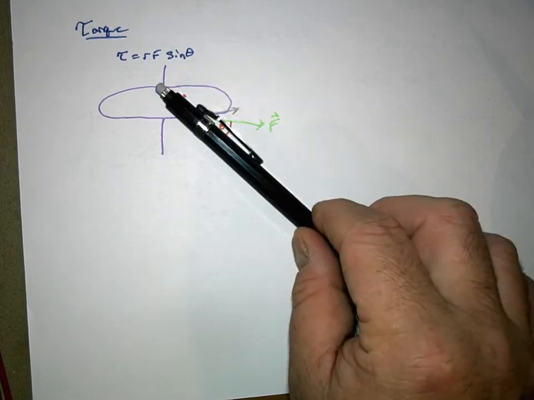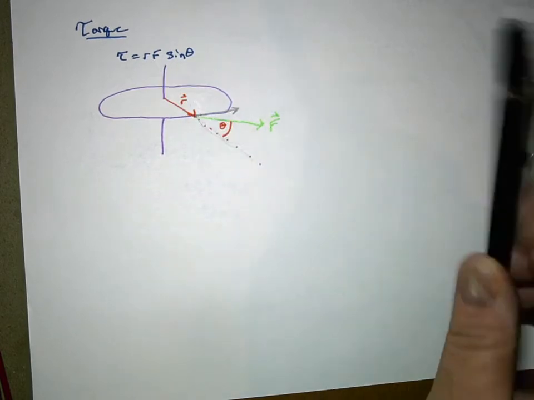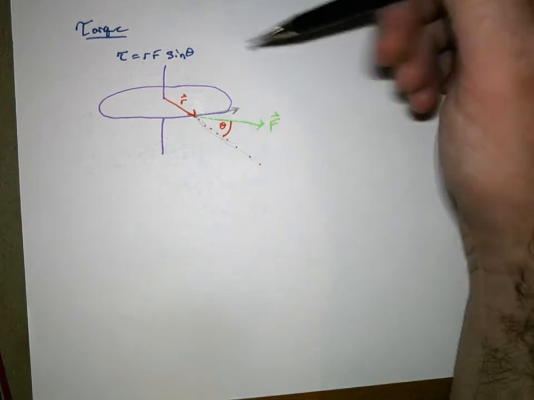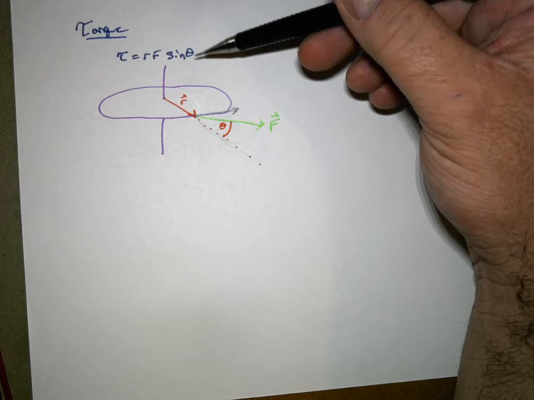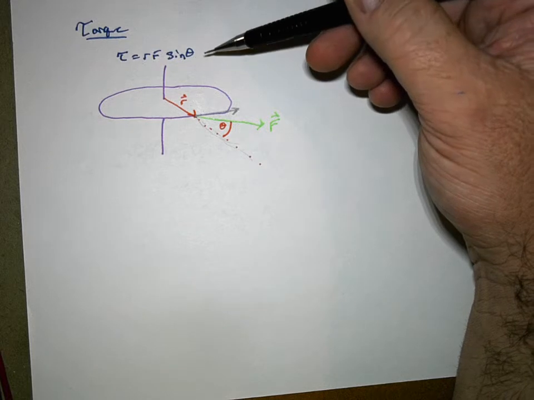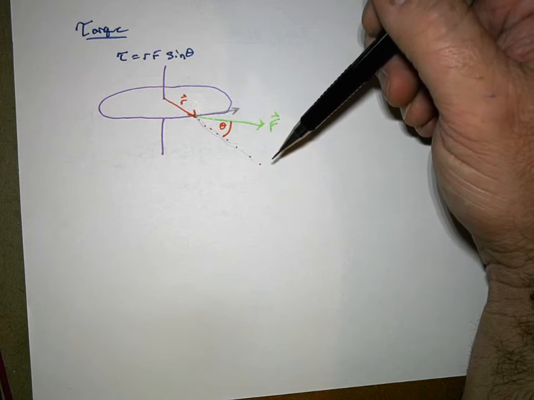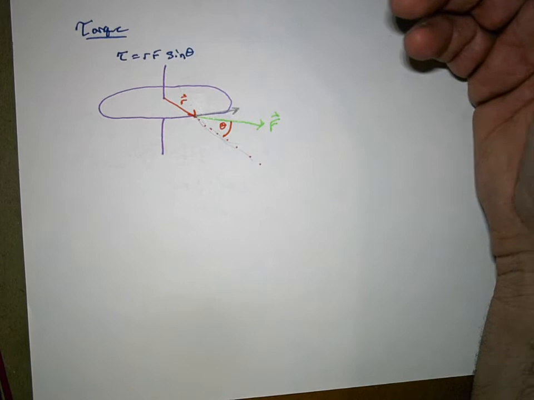If the force is parallel to the radius, if they're in the same direction, does that cause the disk to spin? It should be no. If you look at rF sine theta, if theta equals 180, or if theta equals 0, because they're in the same direction, then sine of 0 is 0, and so there's not going to be any torque if it's in the same direction.